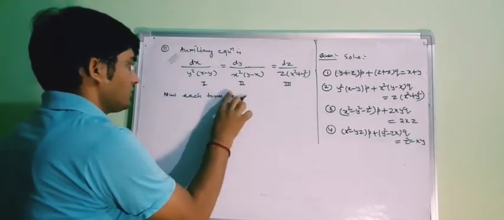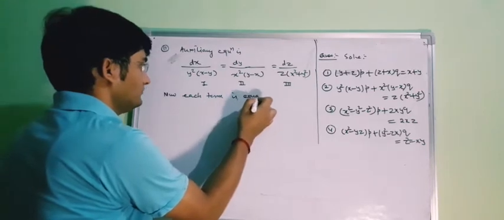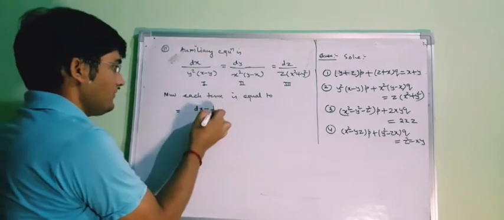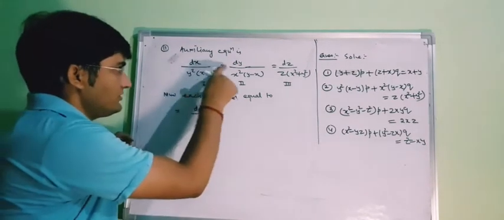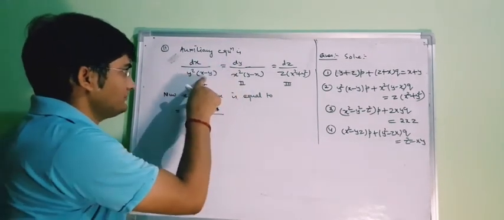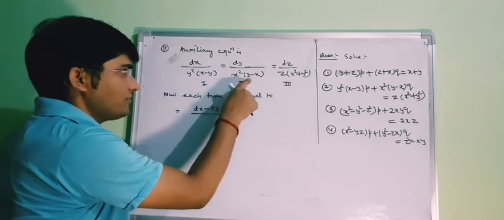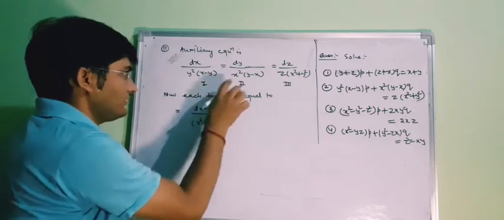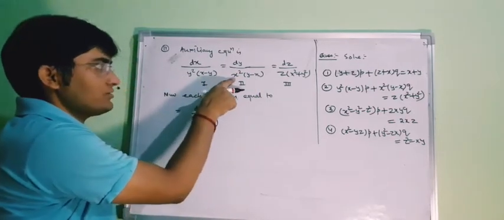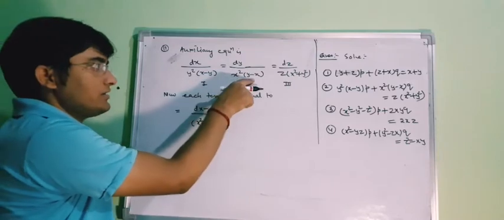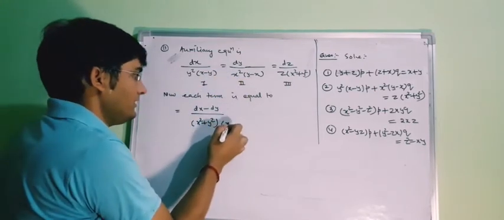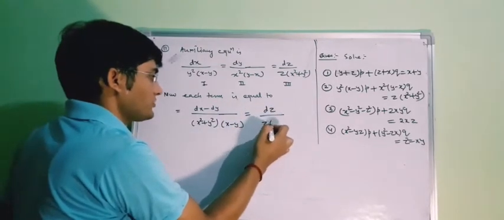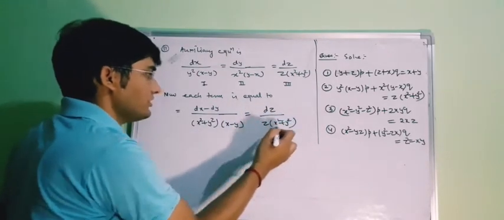Each term is equal to, now dx minus dy will be, if you take the minus sign common, then this will become plus, so we'll get x square plus y square, and then this minus this, so this will become plus sign if we take minus sign common, so we'll have x minus y, and this is equal to the fourth term, because you know that in proportion all the ratios are equal to each other.